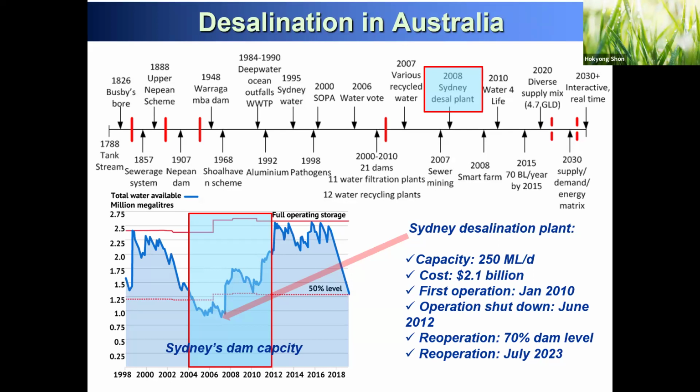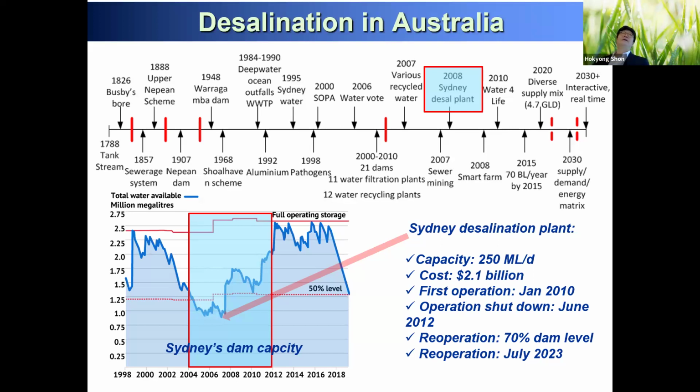That's the reason why we made the desalination plant during this period, 2004 to 2010. Now, after 2010, we slowly increased the capacity of the dam level. It was completely filled with water.